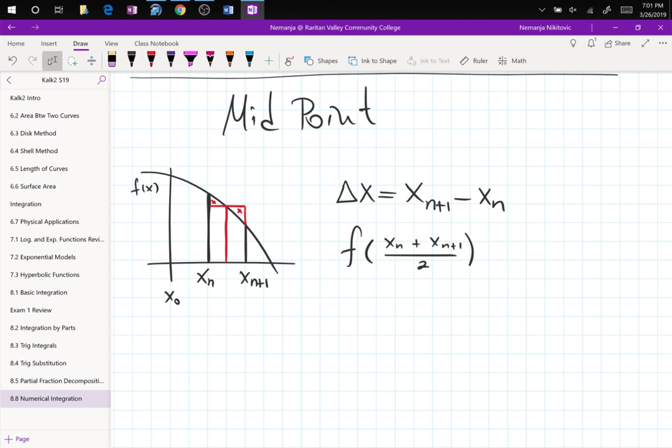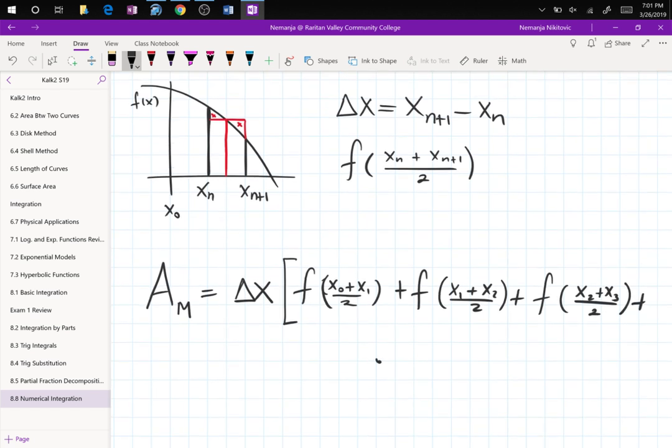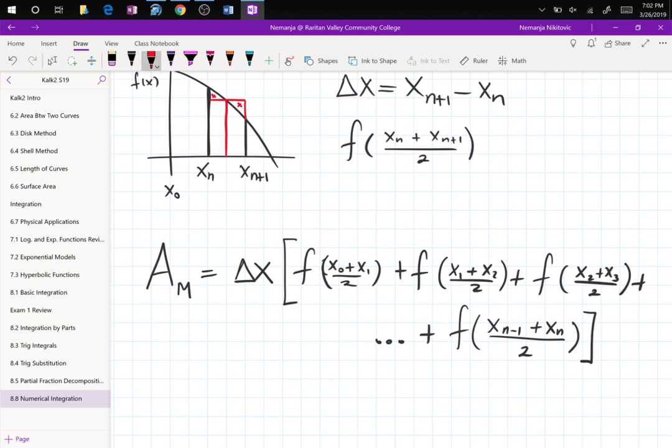So the area calculated using the midpoint is going to be equal to delta x times, and now you have f of x0 plus x1 over 2, plus f calculated at x1 plus x2 over 2, plus f calculated at x2 plus x3 over 2, plus dot dot dot going all the way to the function computed at xn minus 1 plus xn as the last one divided by 2, and you're done. So this is your formula.